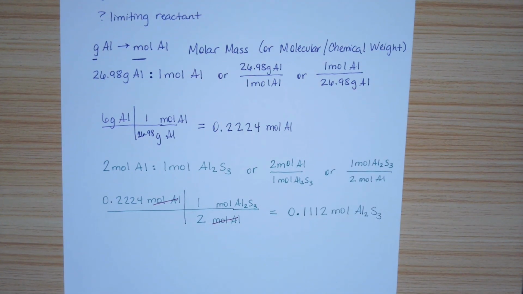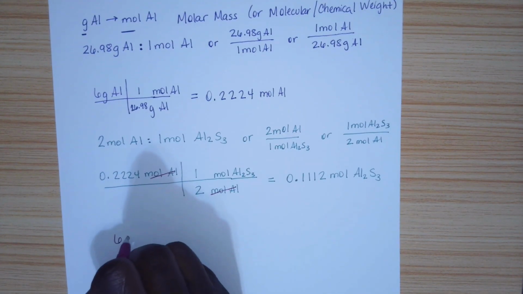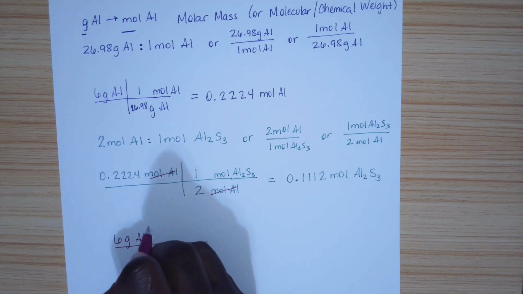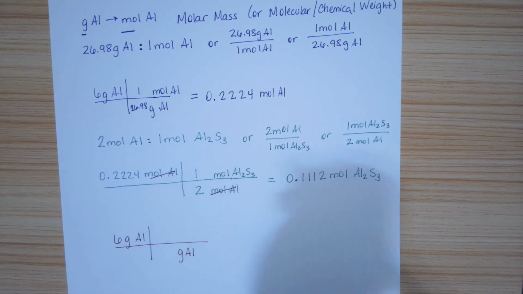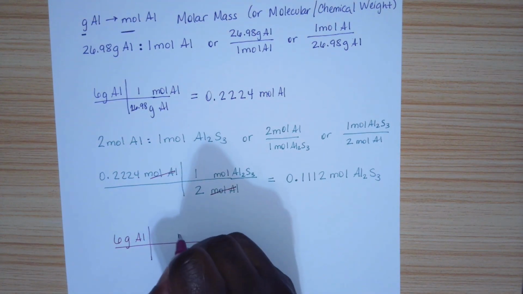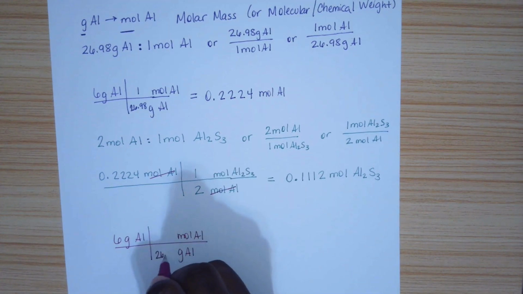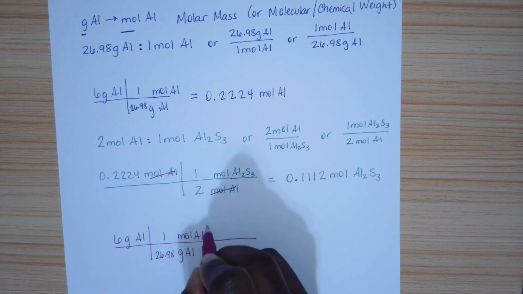Now I mentioned that I'll show how I would have just set it up from the very beginning. From the very beginning, I would have just done one long calculation. I would have started out with my grams of aluminum. Use my molar mass to show the relationship between grams of aluminum and moles of aluminum, which was 26.98 to 1. And we got that from the periodic table.